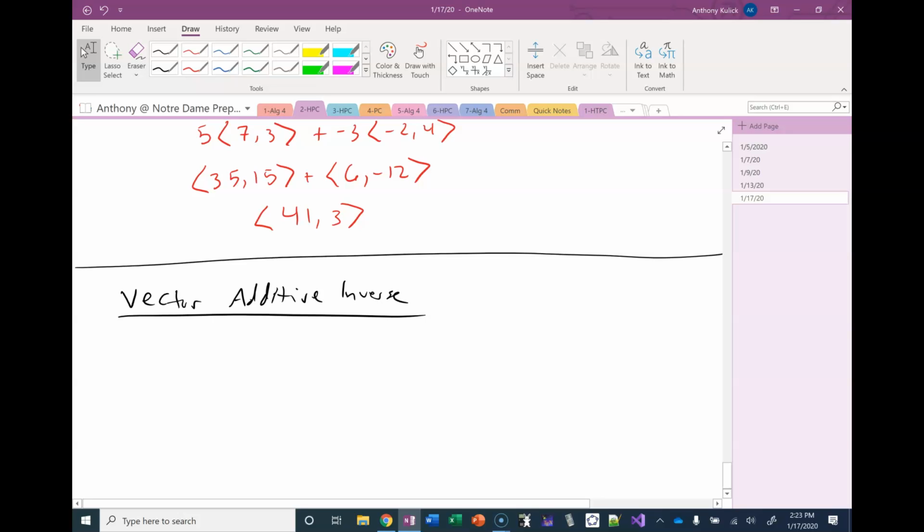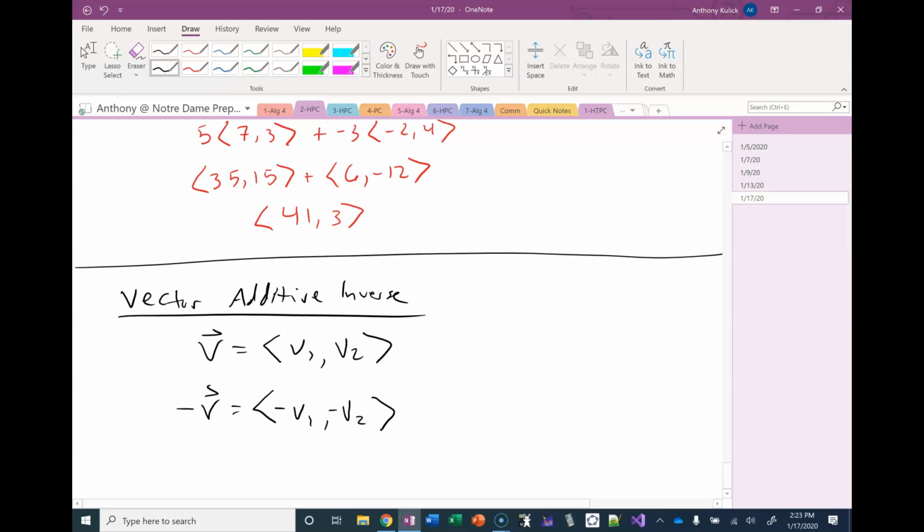Excellent. So what's going to be the vector additive inverse for some vector v? That's v1, v2. So the additive inverse for vector v we're going to denote as negative v, which is negative v1, comma, negative v2.